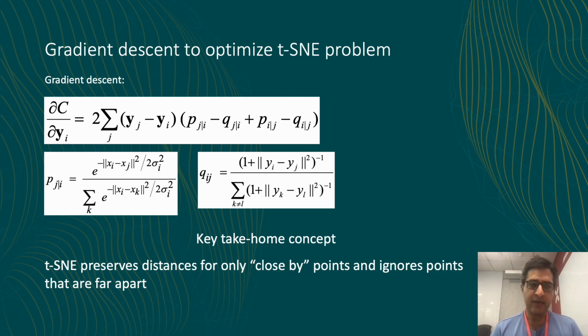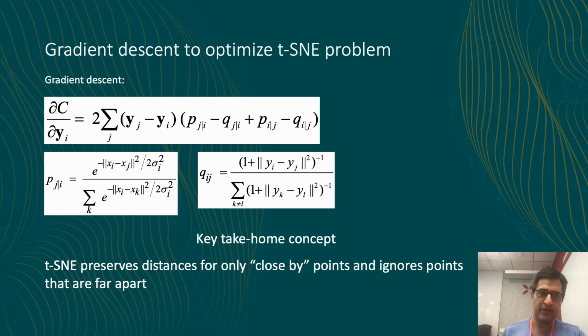And in typical t-SNE implementations, this optimization is carried out several times to make sure that you find appropriate parameters. But the key take-home concept as far as t-SNE is concerned is that, while it allows you to visualize high-dimensional data sets in low-dimensional, two-dimensional spaces, it only preserves distances of points which are close by.